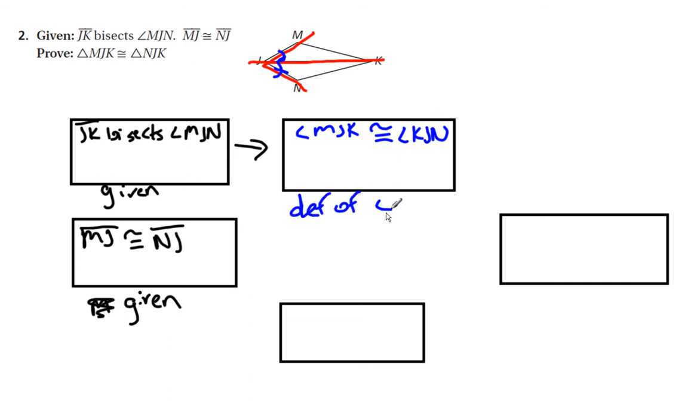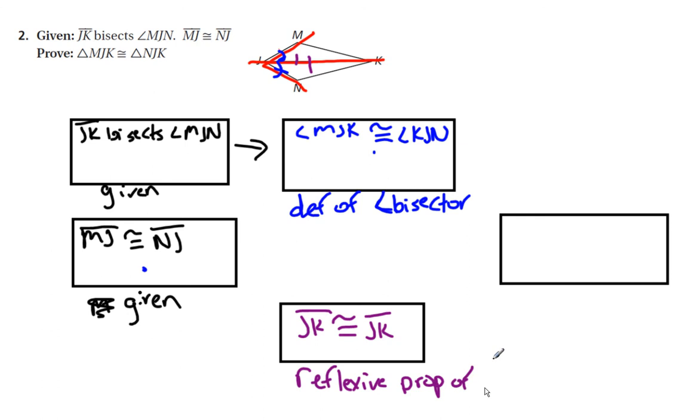And that's the definition of angle bisectors. Okay. And then we look at what else we know. Again, it shares a side. So JK is congruent to itself, for serious, not for JKs. It's the reflexive property of congruence. So that gives us one side, one angle, and another side.